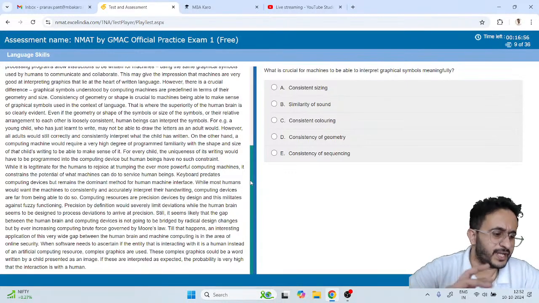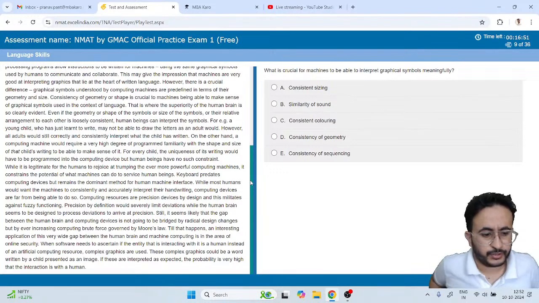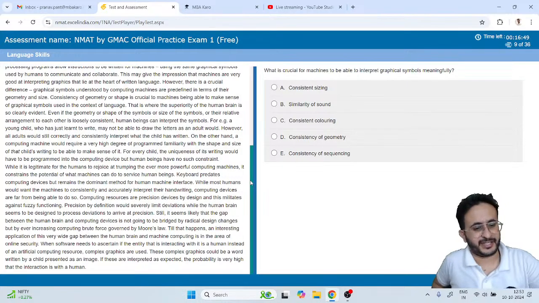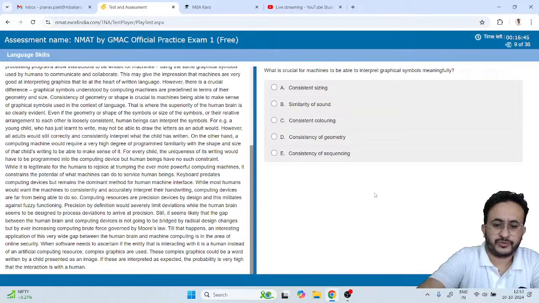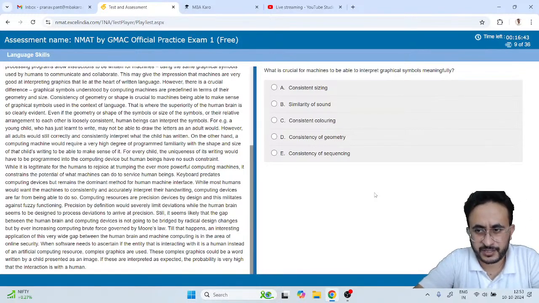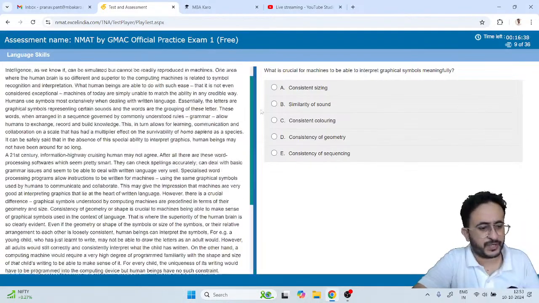Okay, so it says that you cannot use find word in the actual exam, right? Control F, no, they have blocked it, so you will not be able to use it in the actual exam also. So basically, it says that like human intelligence versus computer things, right?